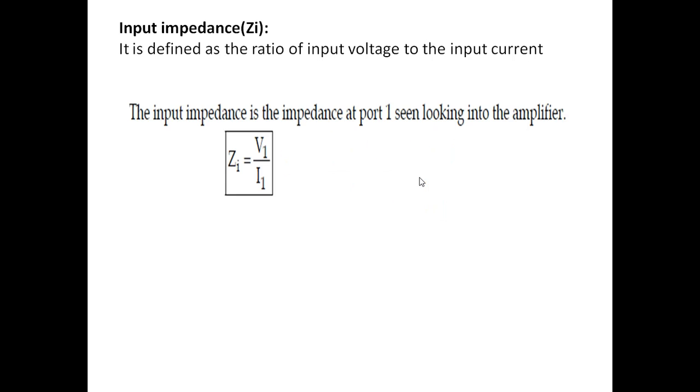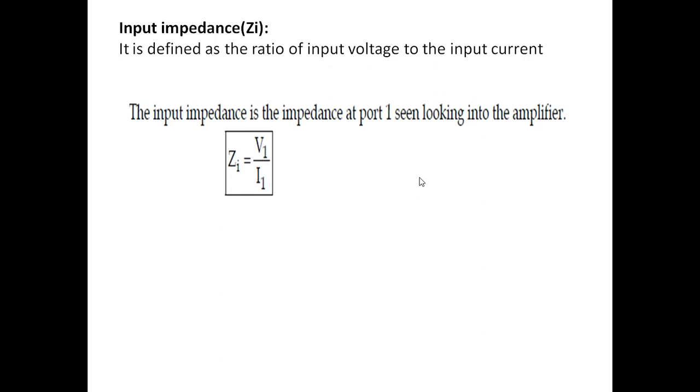Now the third term, input impedance ZI. It is defined as the ratio of input voltage to the input current, and this is measured at the input side of the given transistor. So how will input resistance be measured? By looking at the circuit through the input terminals. For example, remove the voltage source applied at the input side and look into the circuit. What resistances are there in parallel with the voltage source?